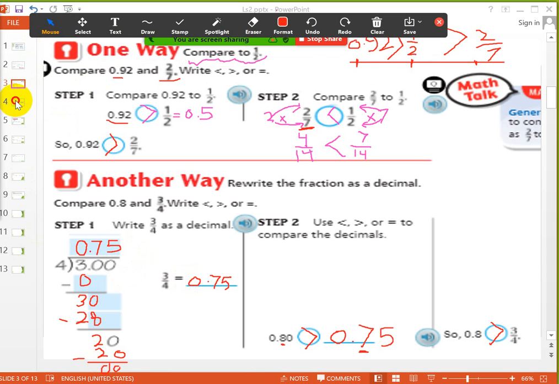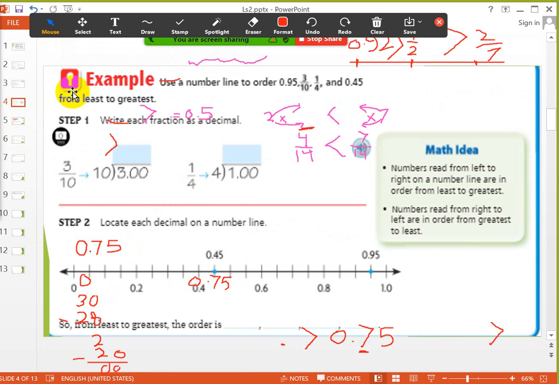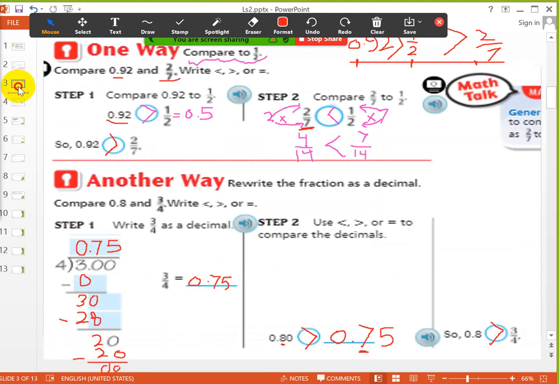Okay, we will move to the next exercise. In which exercise? This one? This one, 0.8 and 3 over 4?